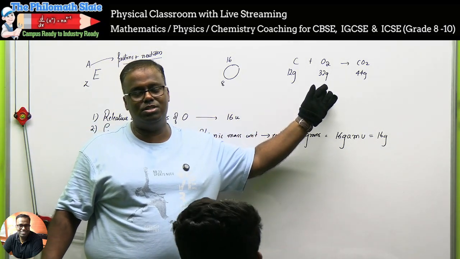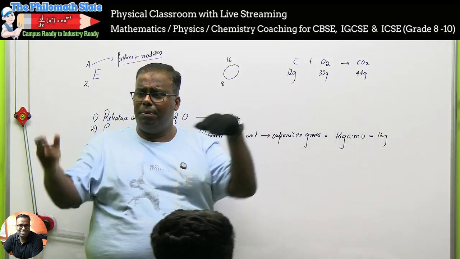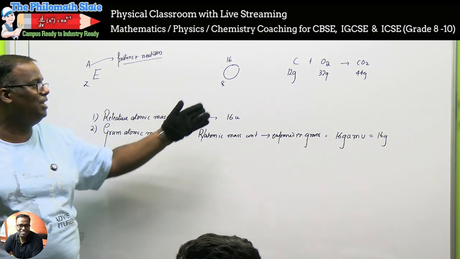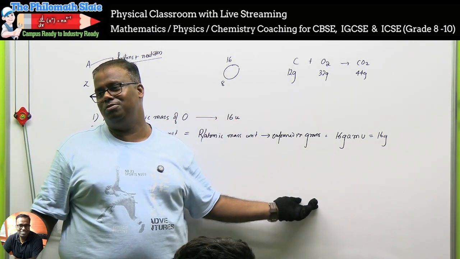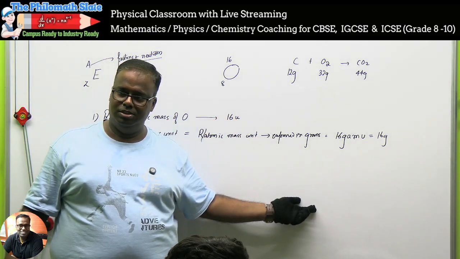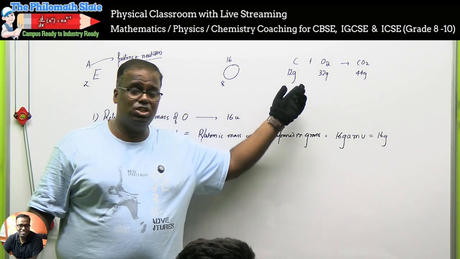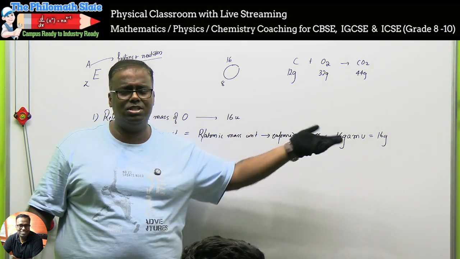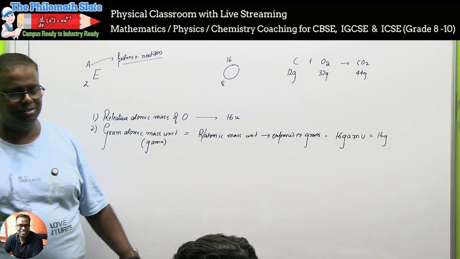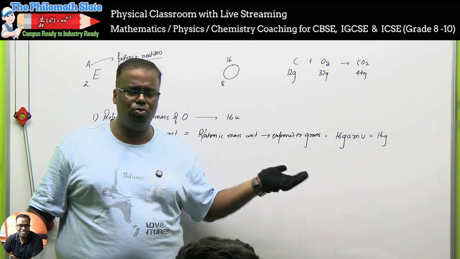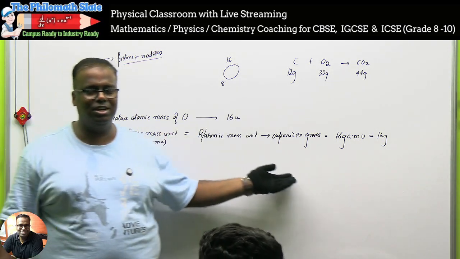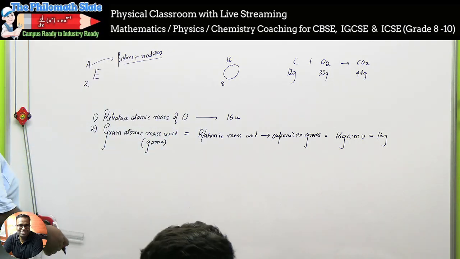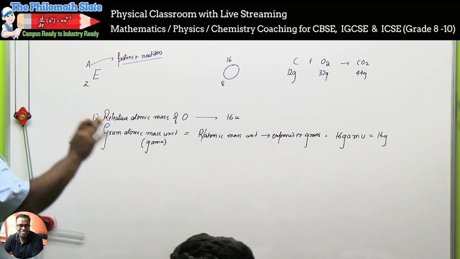Did you weigh it? No sir, we know it is 12 U, and 12 U we write as 12 grams. Understood? So this G is not the Ratnadeep G. GAMU is equal to U. U expressed in grams is GAMU. Understood? Next. Third.